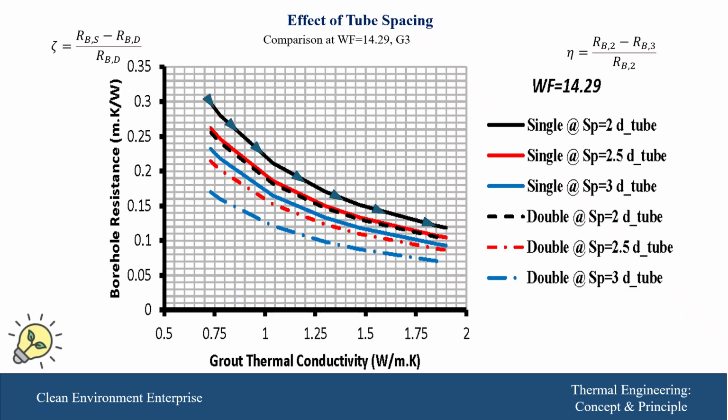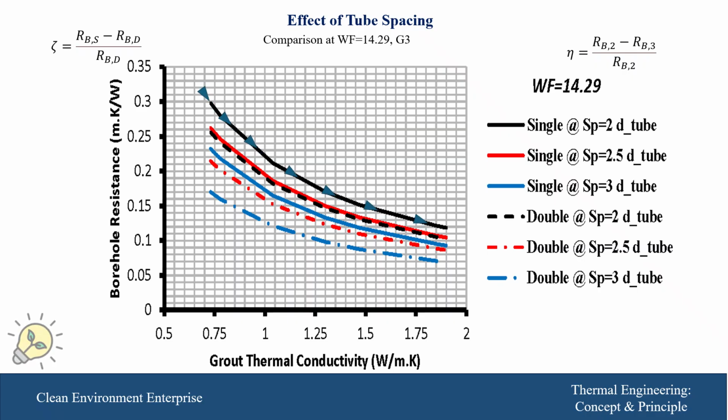And that means we usually have an enhancement or difference in performance depending on the SP value. And this is the case for the WF equal to 14.29.